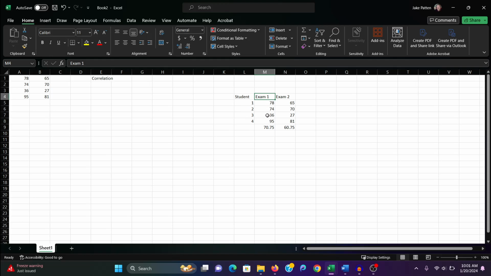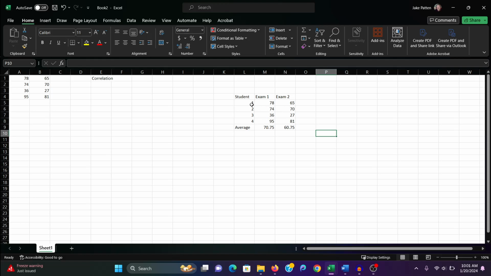You've got exam 1, you've got scores coming down, you've got exam 2, and you've got scores coming down, and you've got averages. So this question is designed in a way, I don't want to say to trick you. It's not really to trick you. It's to help you practice knowing what data here is actually the important data that you need to get.